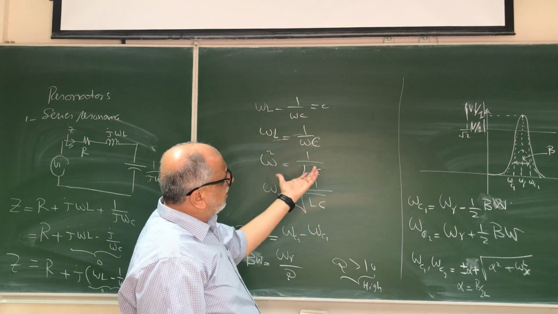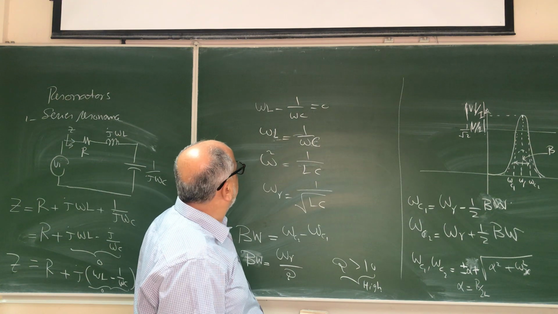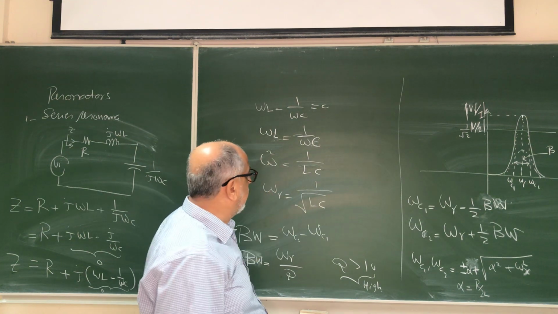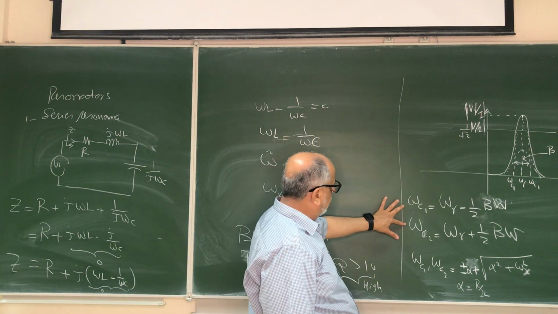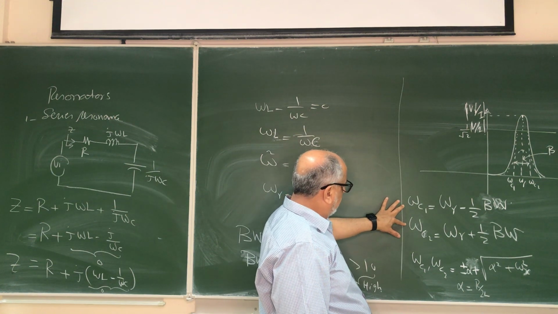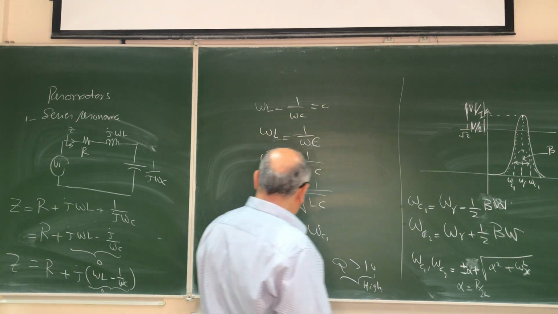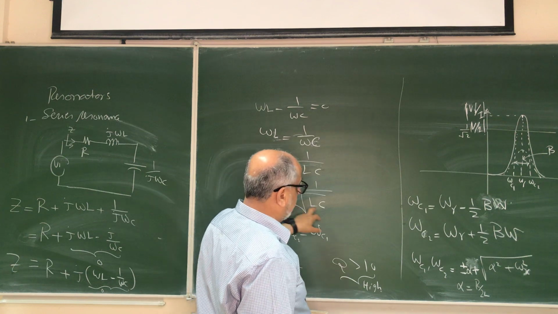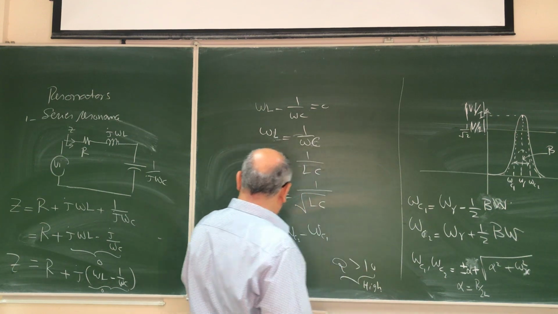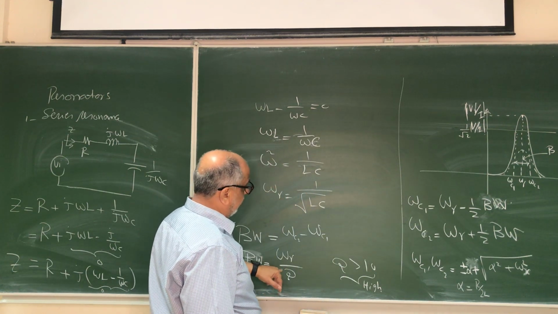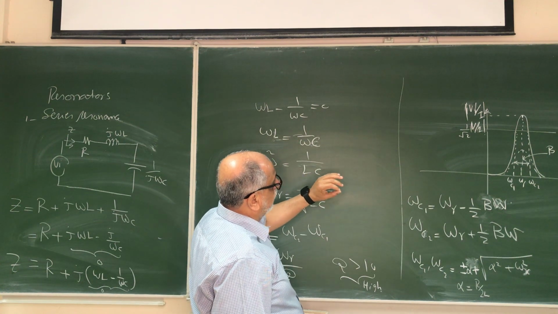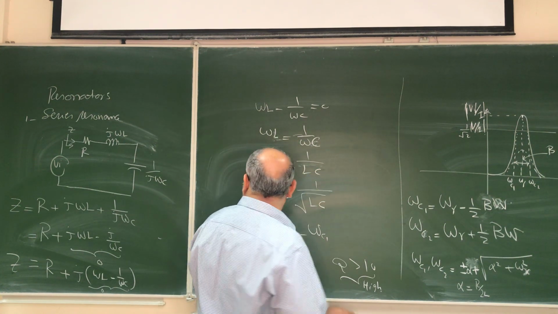In resonance, we usually assume that the response is symmetrical, so we can use these equations to find omega C1 and omega C2. Now the quality factor Q, we can find Q in terms of the components.